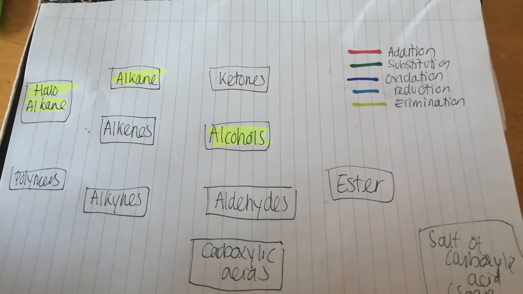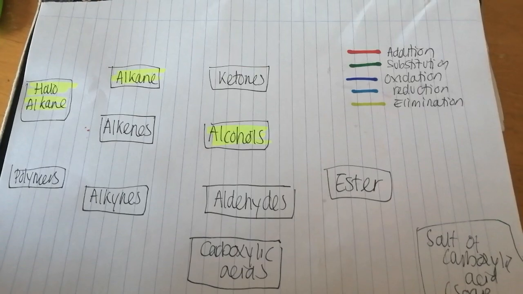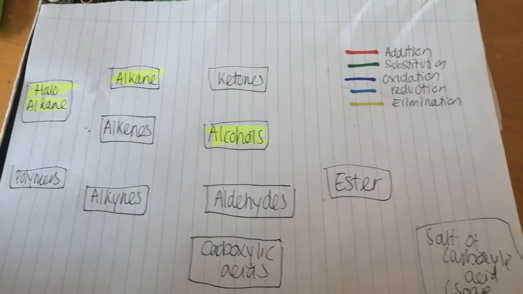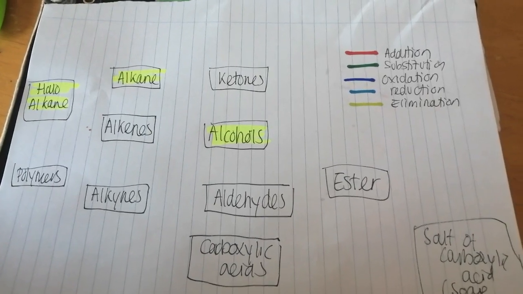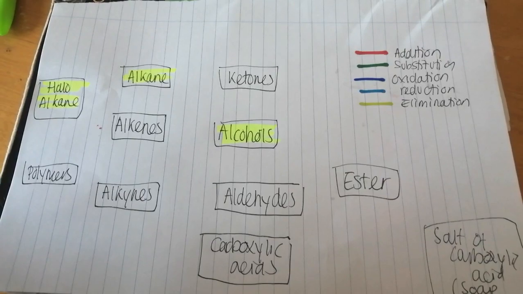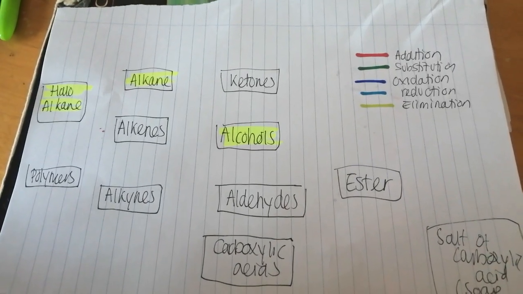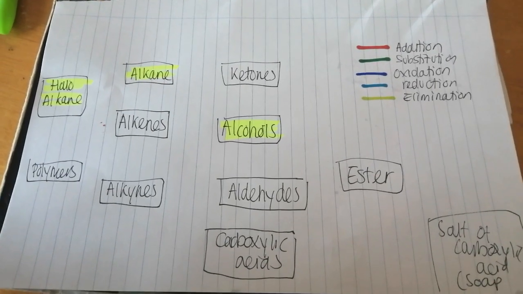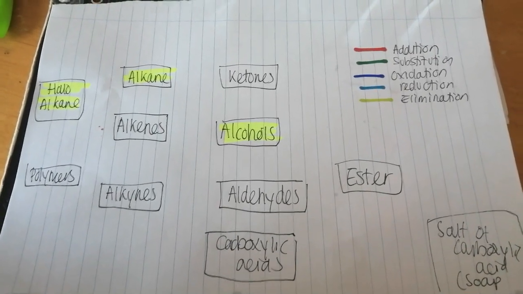Okay, so first of all, we are going to add arrows from any of these organic compounds to other organic compounds where an addition reaction is taking place. So addition meaning adding something. Normally this involves breaking a double bond and adding something across that double bond. So have a think and add it in with your colour. Red I've used, and I'm going to do the same.